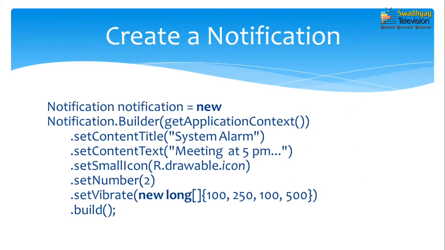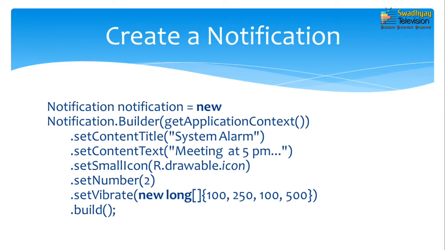Next, we look at how to create an actual notification. First, we acquire this notification service, then we create the notification. To create a notification, we declare one object of type Notification as shown on screen. The first Notification with capital N is a class and the small notification is an object, and we create its instance using the new operator, and we call a method of the Notification class named Builder.